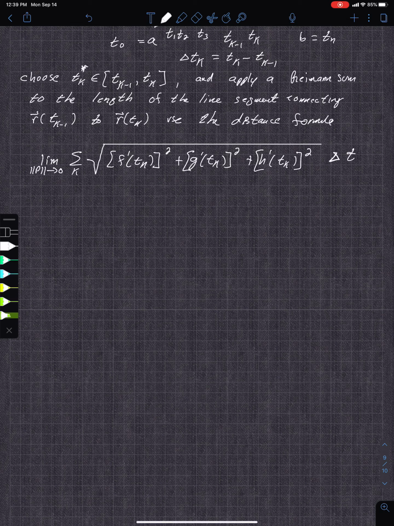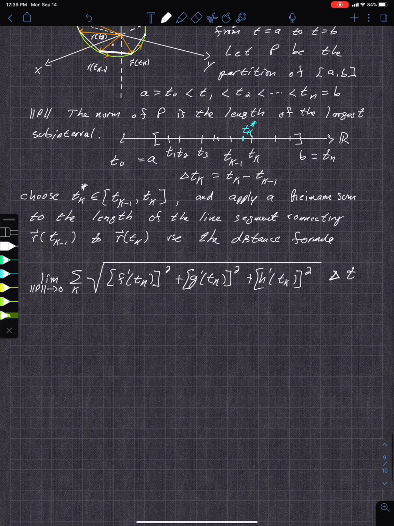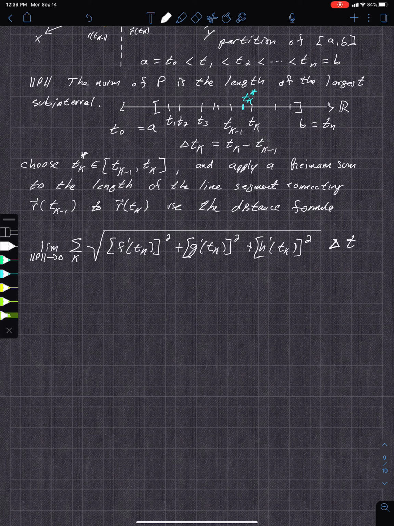So that's the part I didn't really show you. You could go back to parametric forms and look at length of a parametric curve and how that's defined. It's basically defined by looking at these line segments. You add them up.